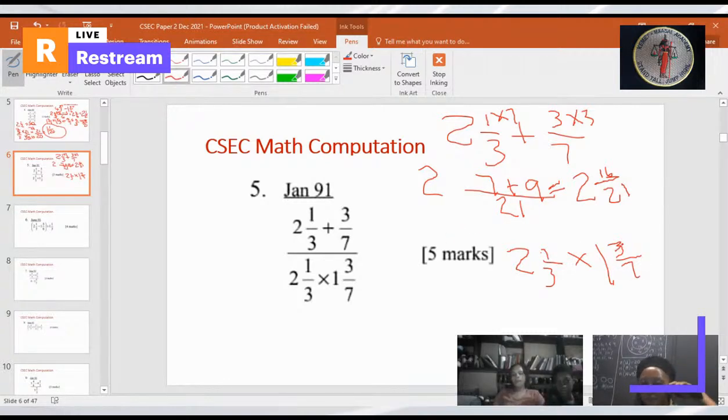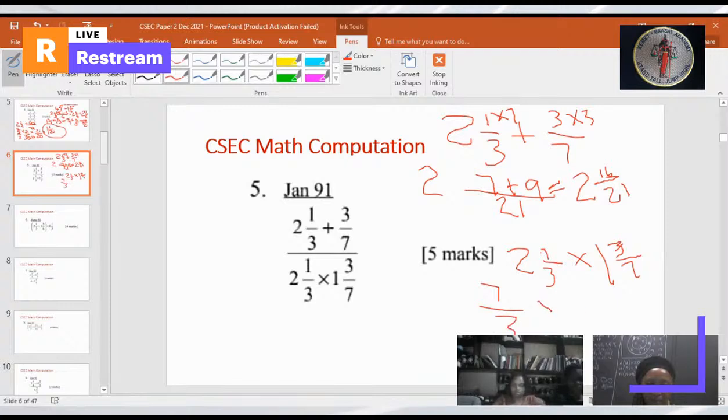All right, so what do we do for this one? You can change them to improper fractions. 2 times 3 gives you 6 plus 1 gives you 7. So 7/3.